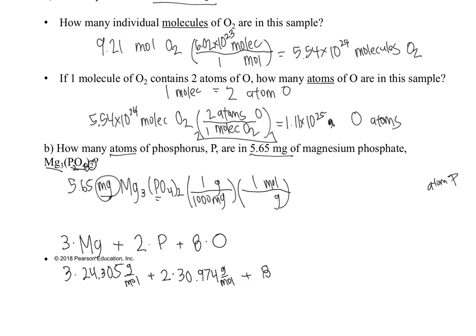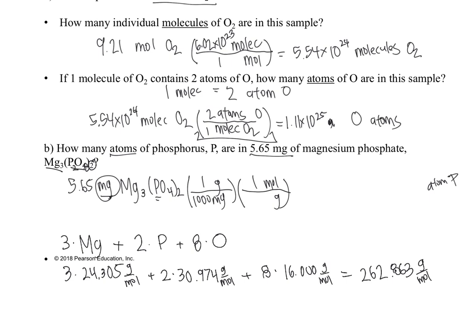And then I have 8 oxygens, and each oxygen is 16.000 grams per mole. So we're going to take our calculators and add that up. 3 times 24.305 plus 2 times 30.974 plus 8 times 16. And I get the total mass. It's a big one. This is a big compound. 262.863 grams per mole. Great.